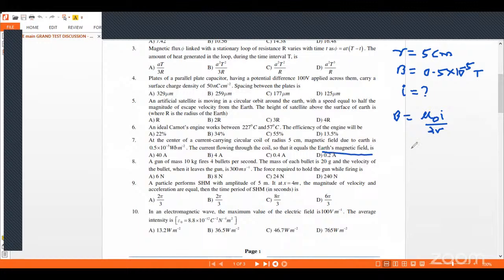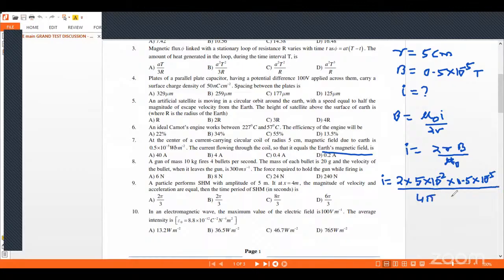So I equal to 2RB by mu naught. Substitute the values: 2 into 5 into 10 power minus 2 into 0.5 into 10 power minus 5 by 4 pi into 10 power minus 7.